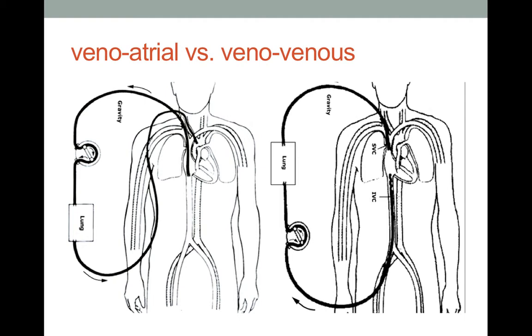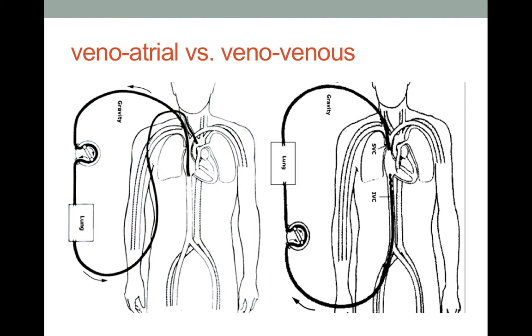There are classically two main types of ECMO. The one on the left side of the screen is veno-arterial, so blood is taken from venous circulation and returned to the aorta or any place in the arterial circulation. And the one on the right is veno-venous.